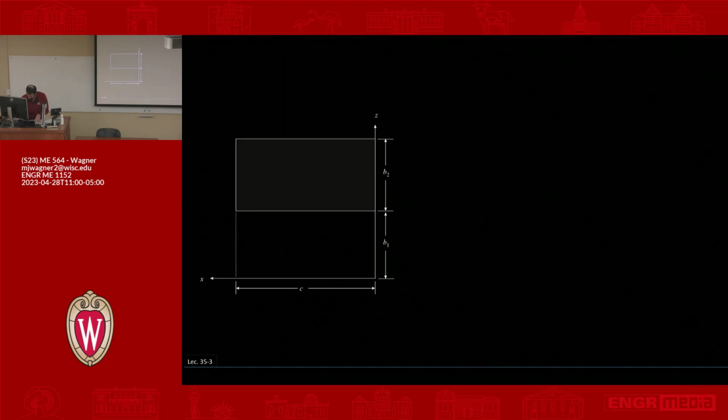Let's see, R. So R is the vector from the origin on this surface down here up to the hit point.